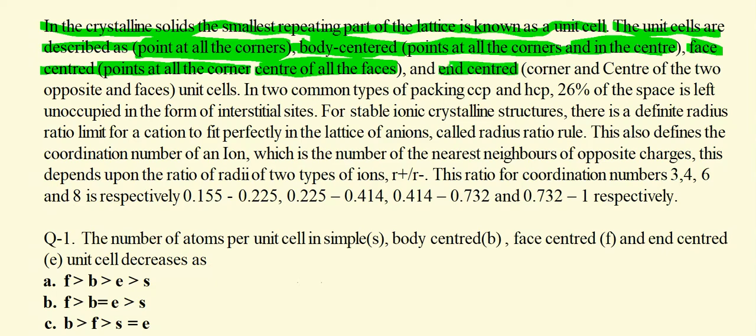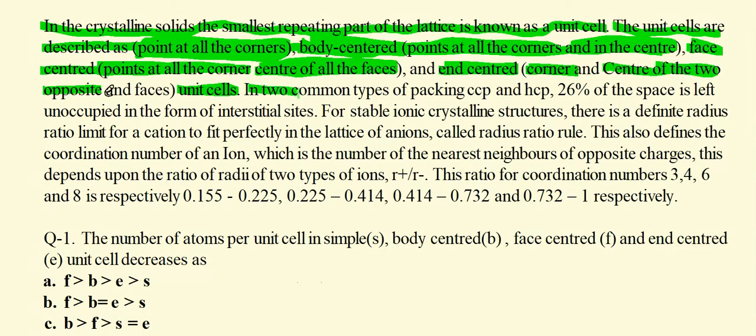The last type was the end centered, in which corner atoms were there, and atoms at the center of the two opposite end faces. So we have studied the primitive unit cell and the centered unit cell, and in that body centered, face centered and end centered unit cells.